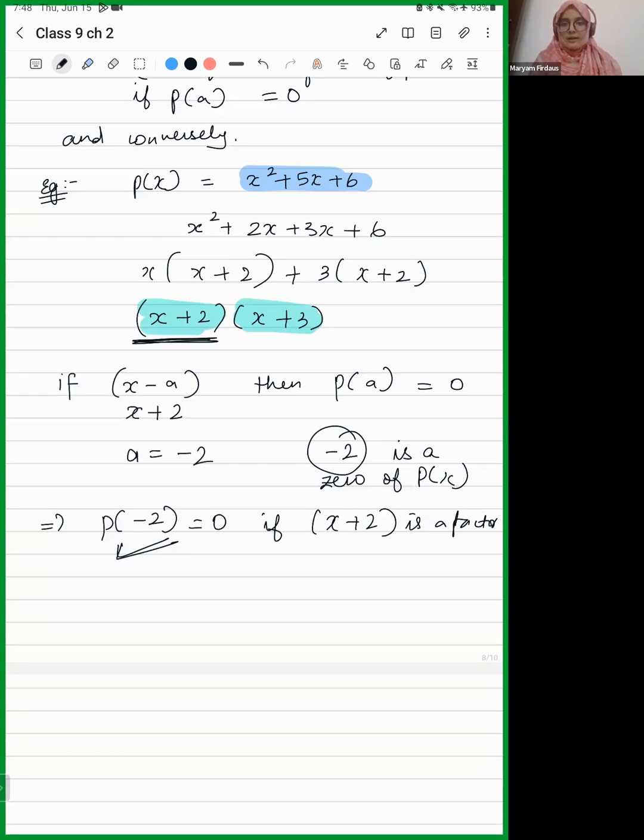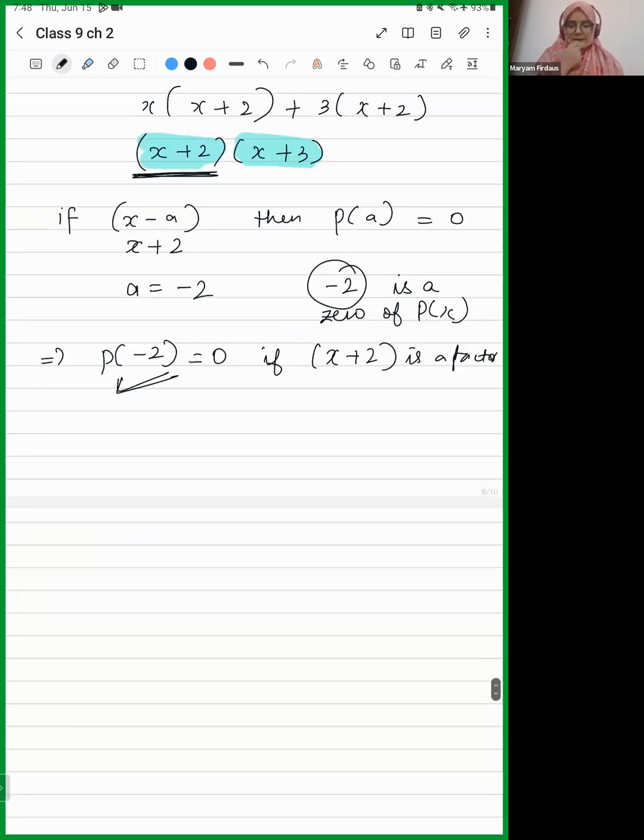Okay. Let's do an example here. You have to examine the question: is x plus 2 a factor of x cube plus 3x square plus 5x plus 6?